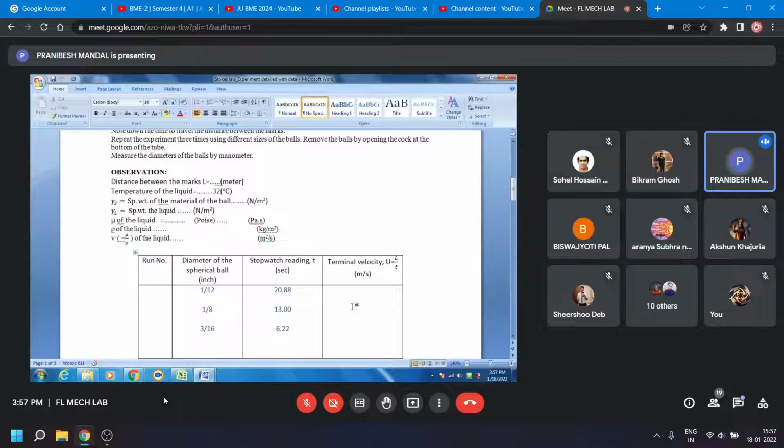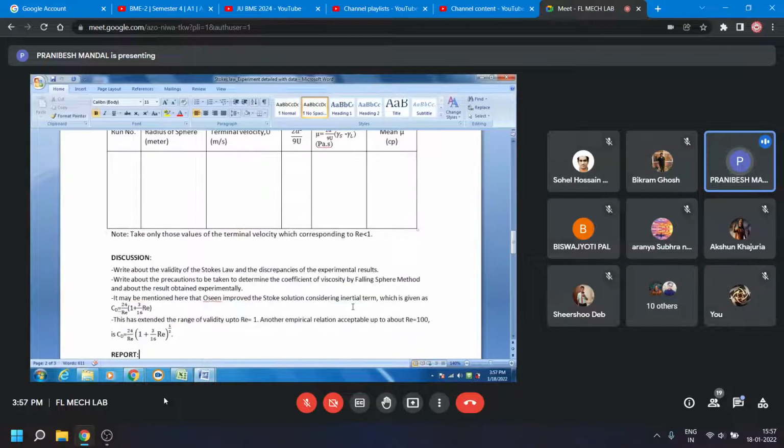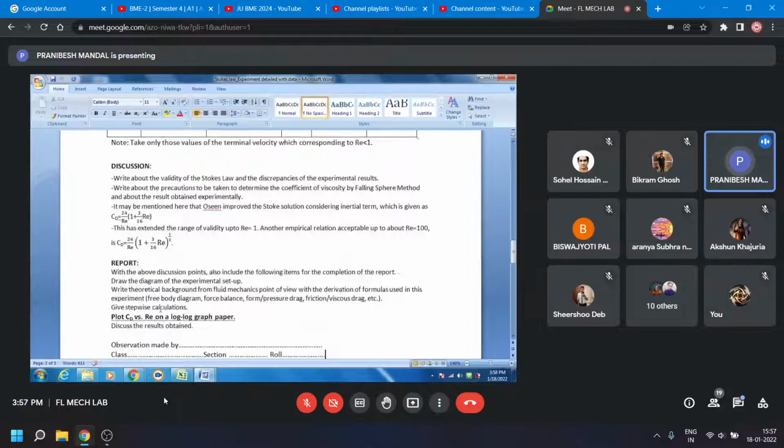So what you need to do, you need to fill it up. You need to show one sample calculation and you need to do this graph, because whatever you need to do in the report is very much written here. In this, give stepwise calculations.